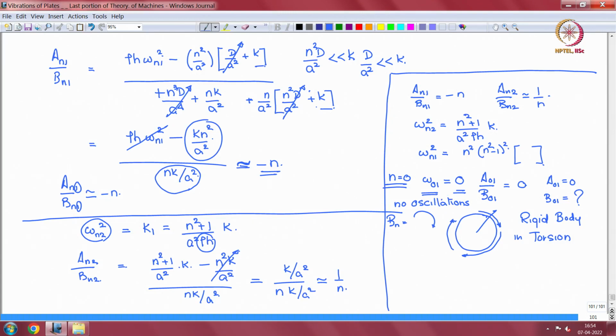Next, we have omega 0 2. Okay, n equal to 0, but we look at omega 0 2. What is omega 0 2? This is not 0, it is k by a square rho h, not equal to 0.